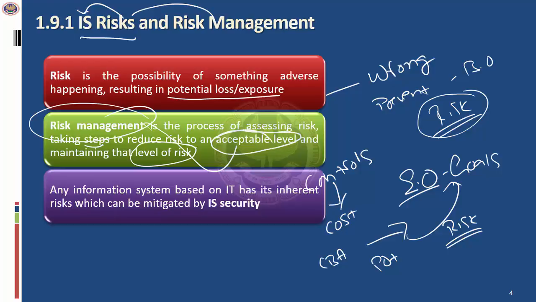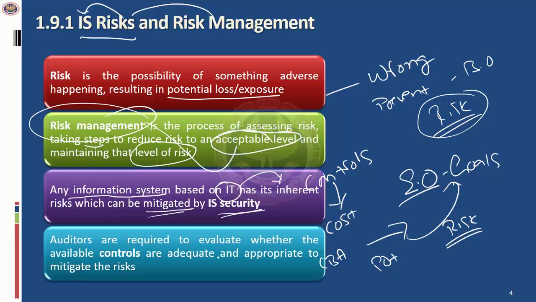Now let's understand from the information system perspective. Any information system in a modern enterprise is mostly dependent on IT. When you are using IT, IT has its own inherent risks. And these inherent risks also need to be mitigated by implementing the right level of security. As auditors, we are supposed to review and evaluate whether the controls which are available.